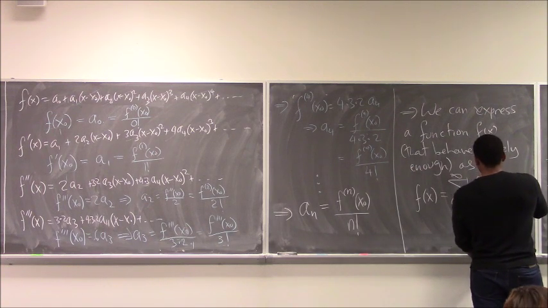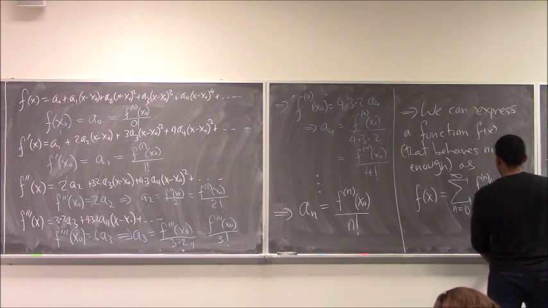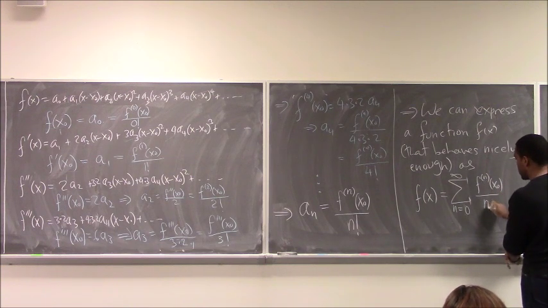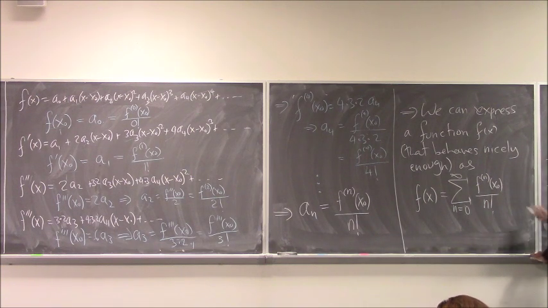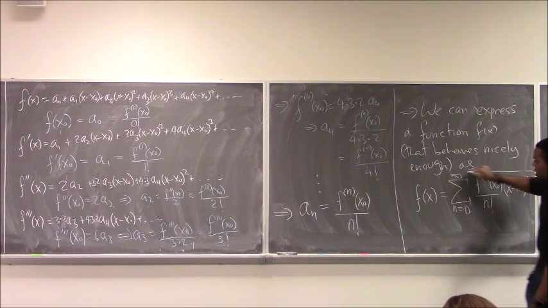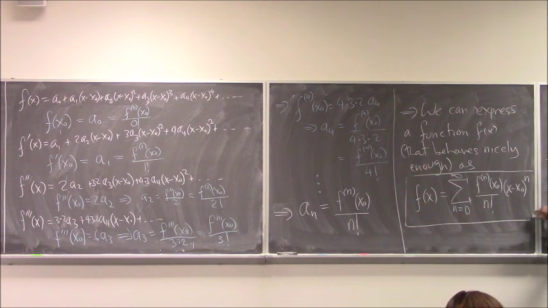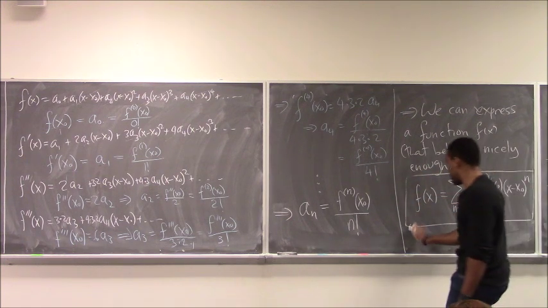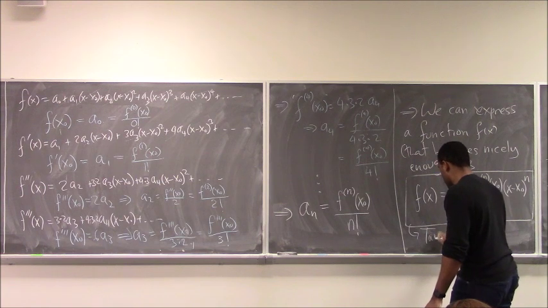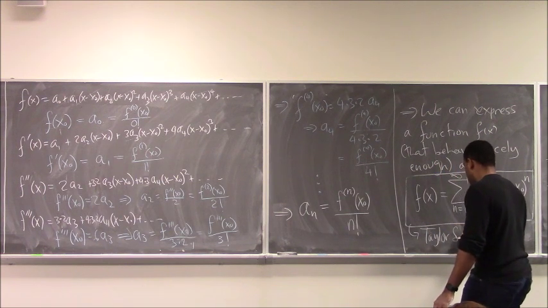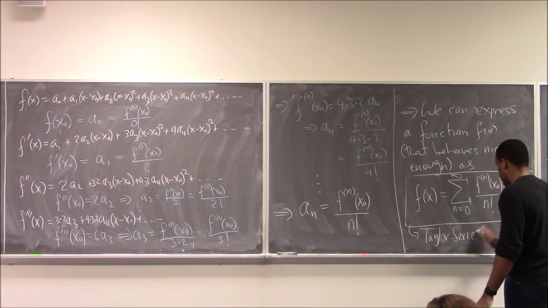Take the nth derivative of the function, evaluate it at the point of interest, over n factorial. That will be the coefficients of a bunch of polynomial terms. This here is called the Taylor series of f, named after a mathematician, last name Taylor.